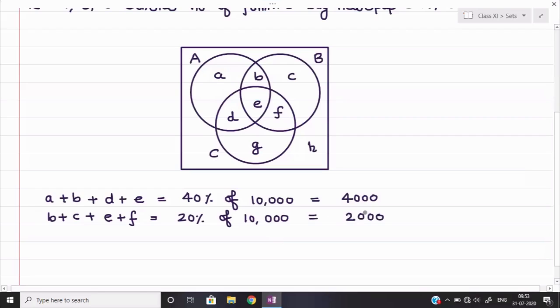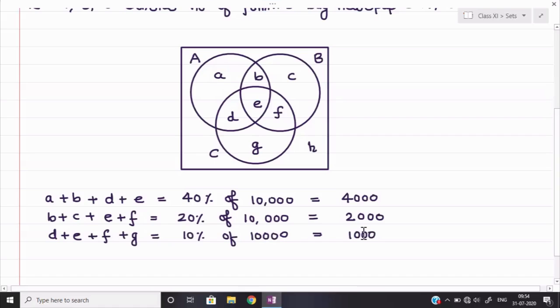And similarly we can say for the set C, that will be D plus E plus F plus G will be equal to, in the similar way, 10% of 10,000, so it would be equal to 1,000.